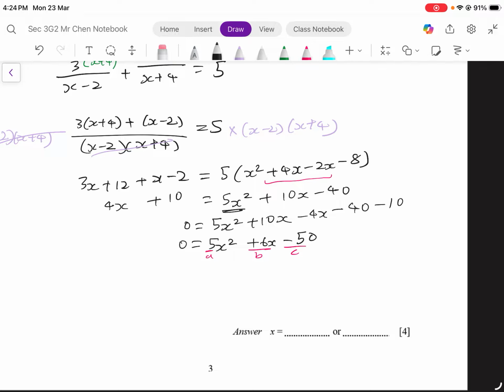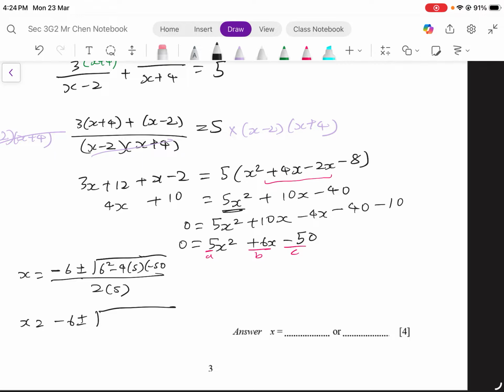Okay, so from here, x equals minus 6 plus minus square root of 6 squared minus 4 times 5 times minus 50, over 2 times 5.